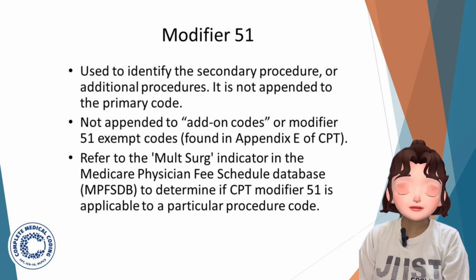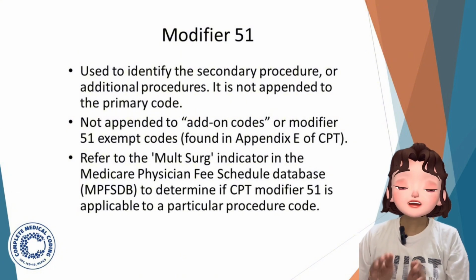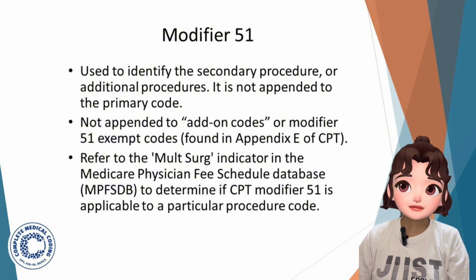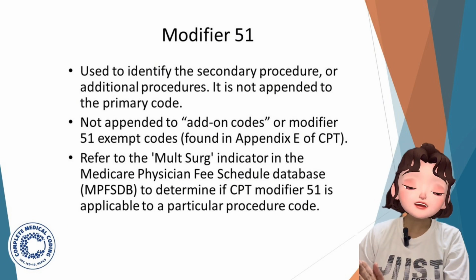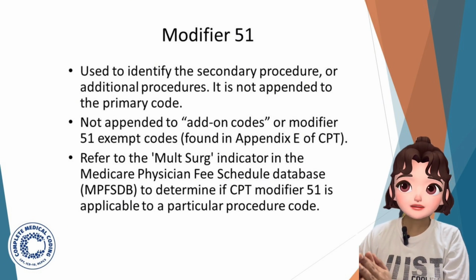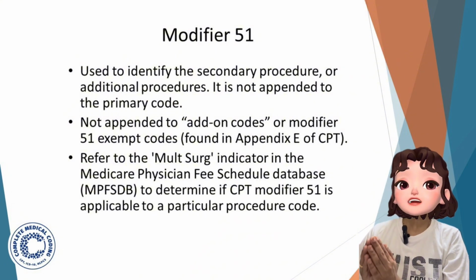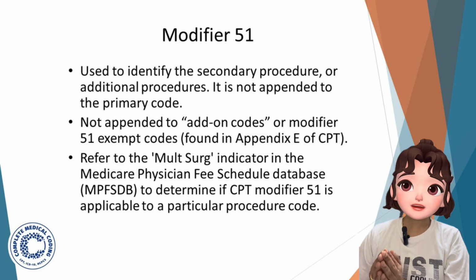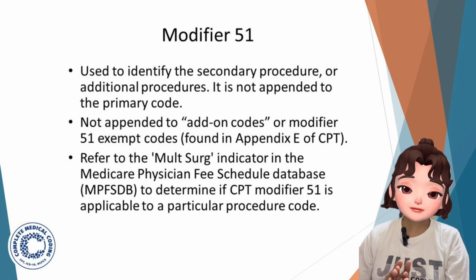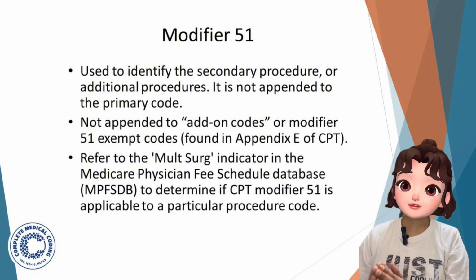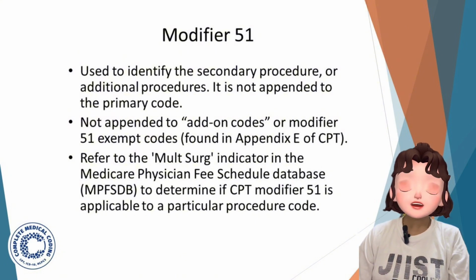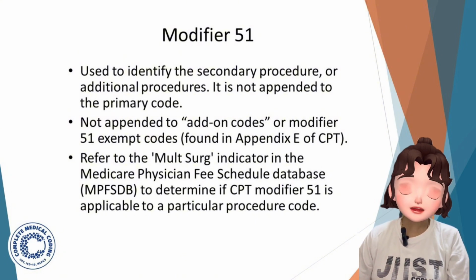Multiple procedures means the same procedure repeating again, so it will come as a secondary procedure. You have to always append modifier 51 along with the secondary procedure, and you should not append it to the primary code. Anyway, all the modifiers, you should not use on the primary code.